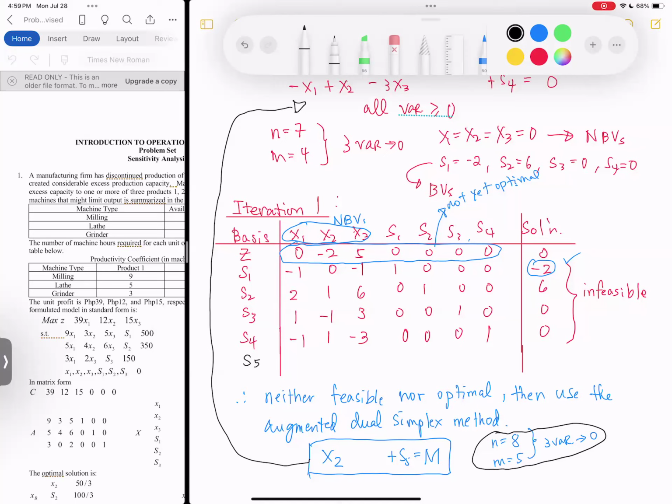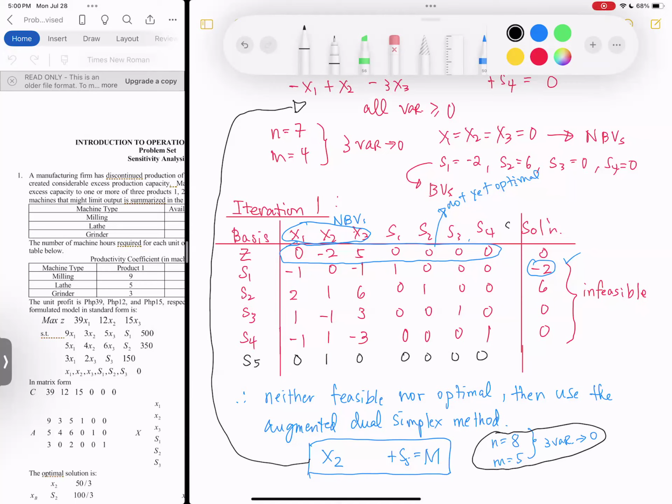Okay? So we are now in the process of converting this Tableau, which is neither feasible nor optimal, into a super optimal Tableau so that we can use the dual simplex method. Okay, so S5, if you transfer the coefficients now, this will be 0, x1 is 0, x2 is 1, all the rest are 0.